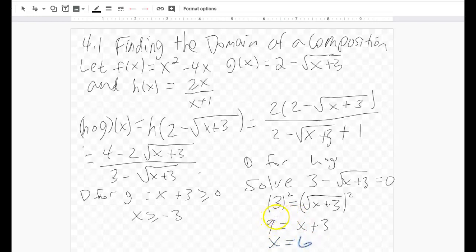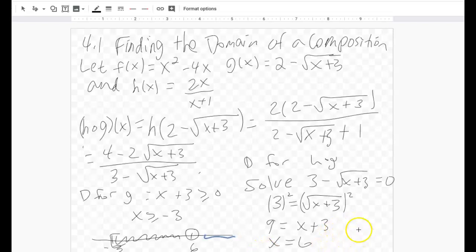Alright, so what this is telling us is that we can't plug in 6 for x. And so if we visualize this on the number line, we have our negative 3 and 6. Everything greater than negative 3 works, but excluding 6.